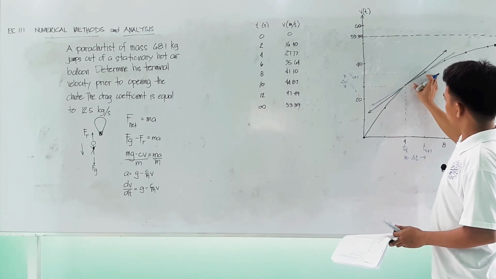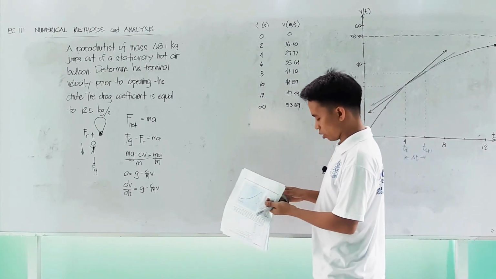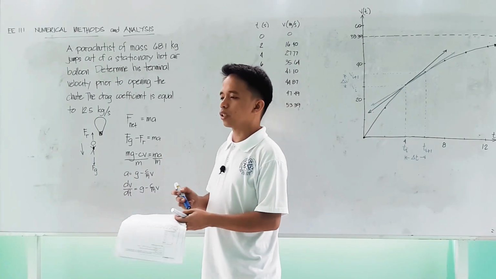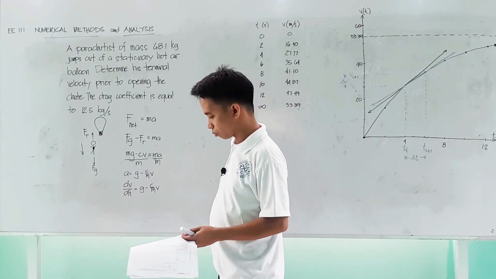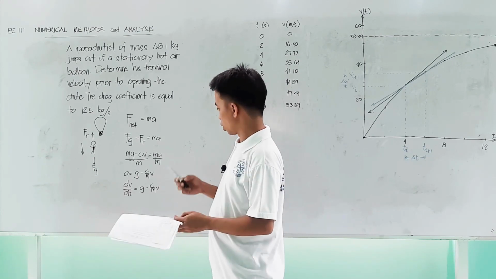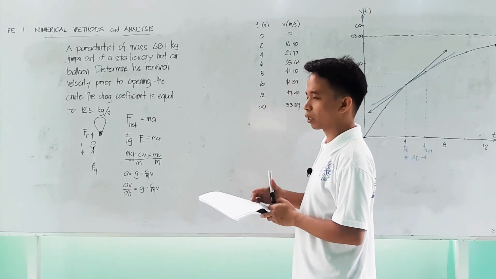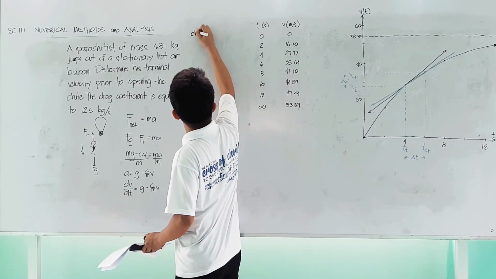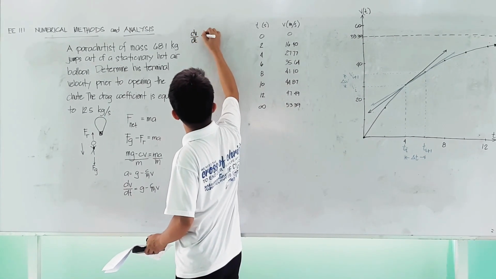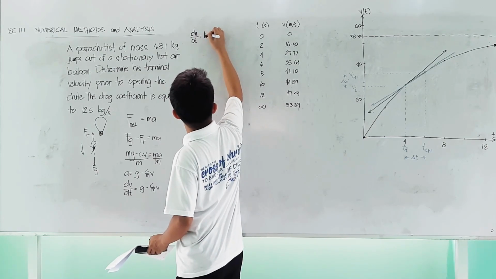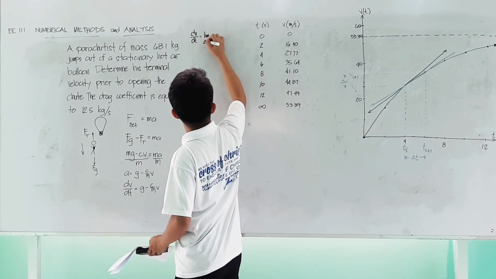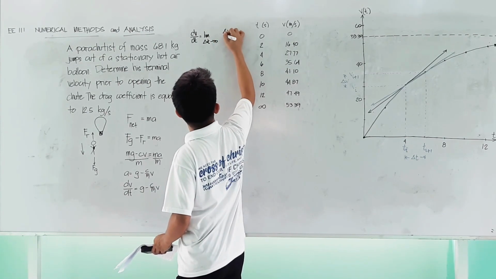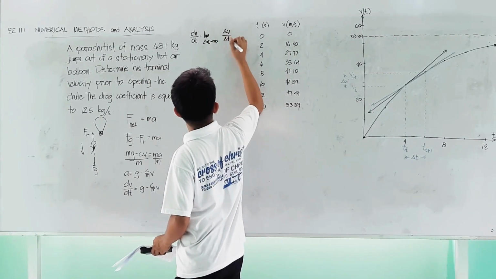Now, this is just to illustrate graphically, as we can remember in our calculus, dv/dt is equal to the limit of delta t as it approaches 0 of our delta v over delta t.